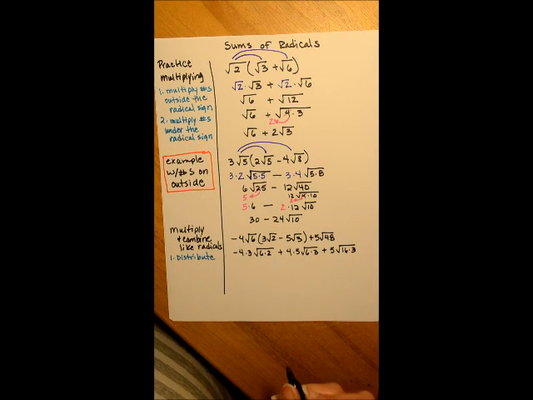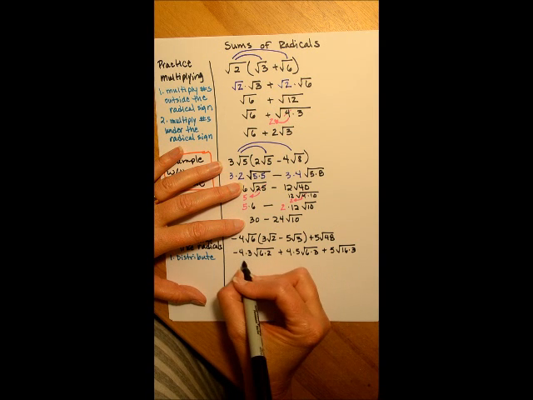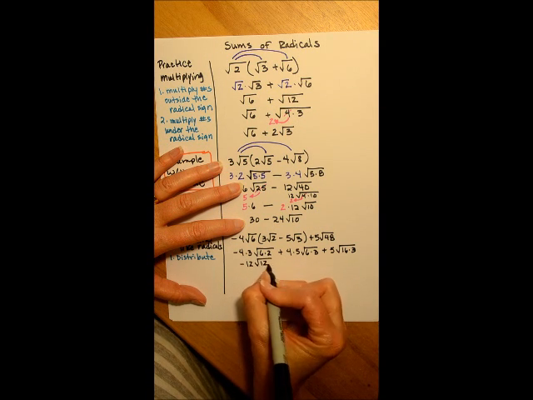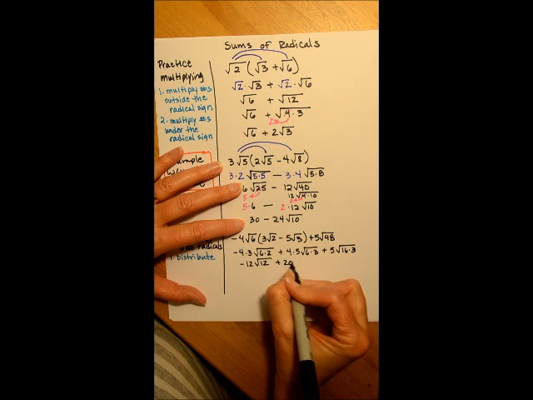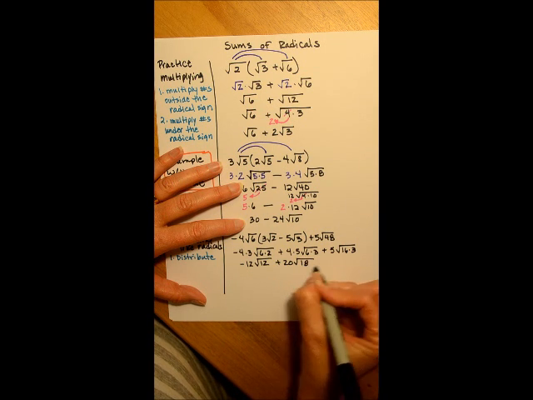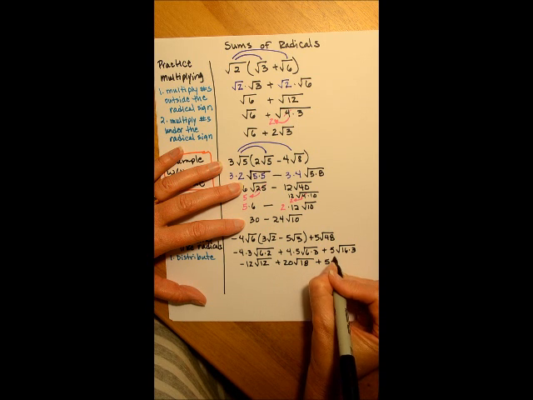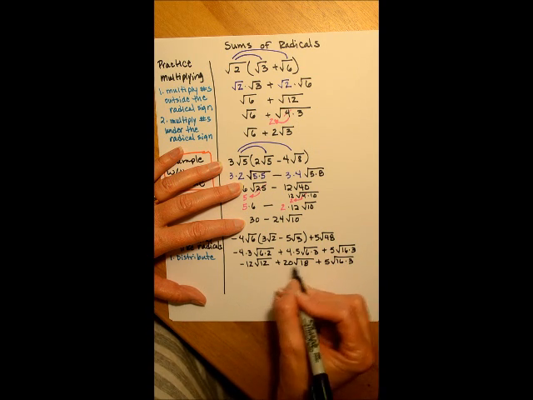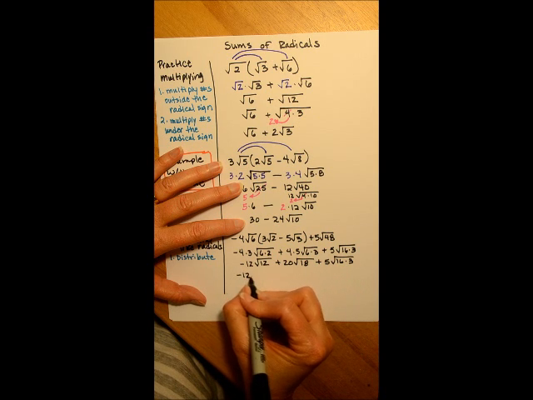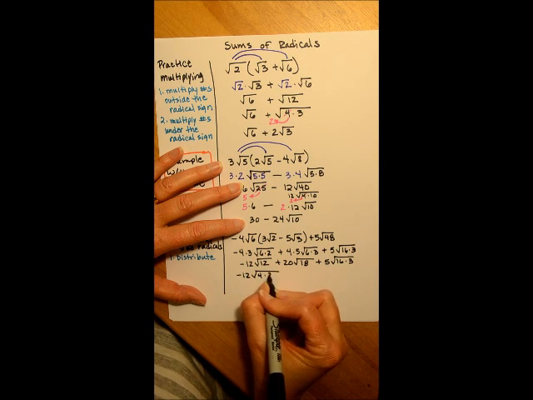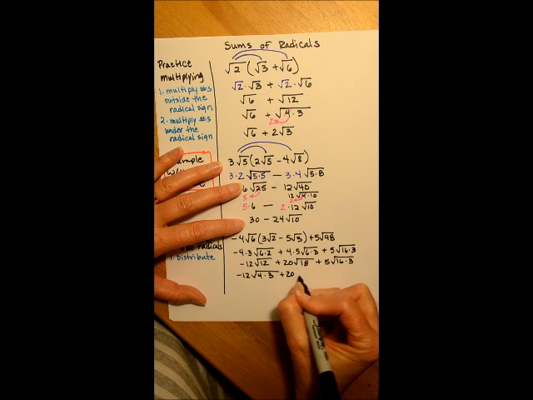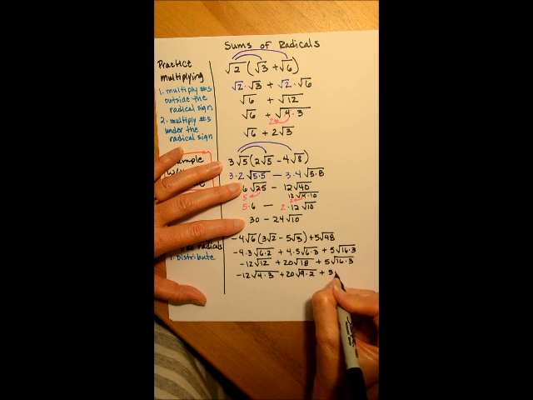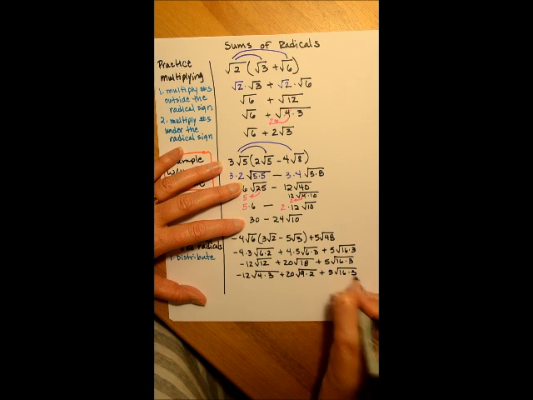Okay, so I'm just going to start breaking this stuff down. So I have negative 12 square root 12, right? Plus 20 square root 18 plus 5. I'm going to leave square root 16 times 3. I'm going to break these two down because I have negative 12 square root 4 times 3 plus 20 times square root 9 times 2 plus 5 square root 16 times 3.